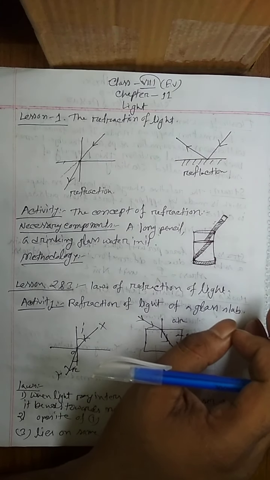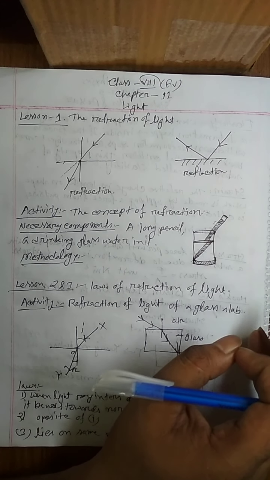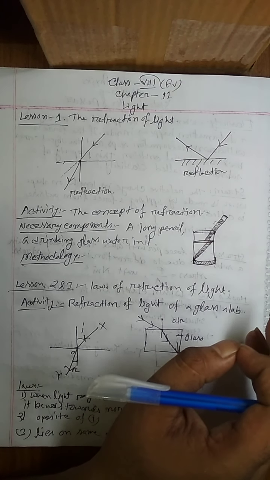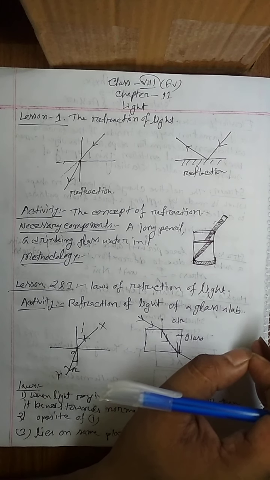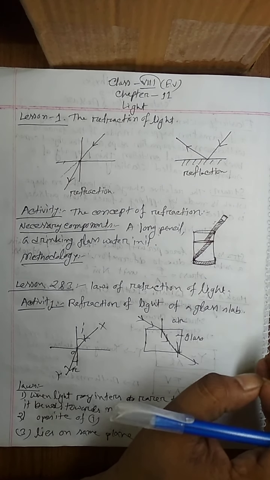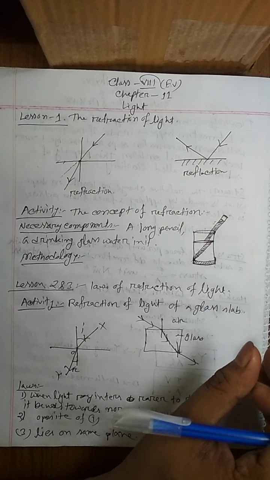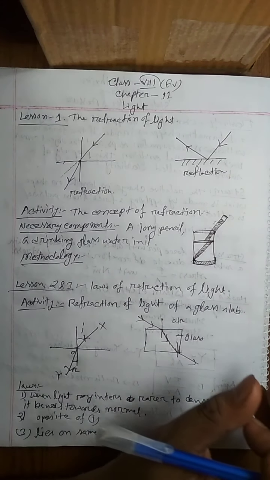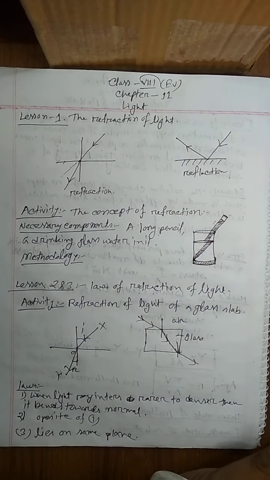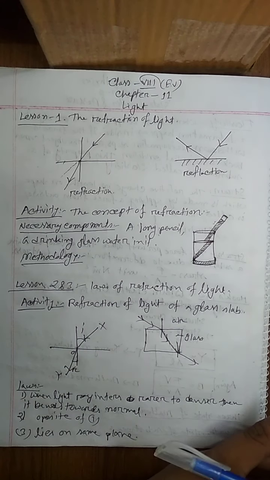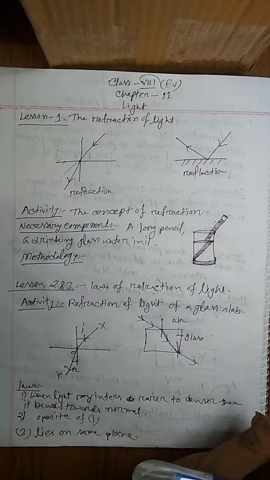Then in lessons 2 and 3, we understood the laws of refraction. There are three laws of refraction. One, it bends towards the normal. Two, it bends away from the normal. And three, the incident angle, refracted angle, and normal all lie on the same plane.